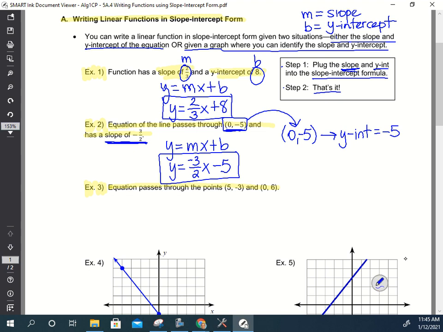So I'm going to give you a hint. (0, 6) is just like what we did in example number 2. So if you have (0, 6), what is 6 equal to? Is that the slope or the y-intercept? That's the y-intercept.